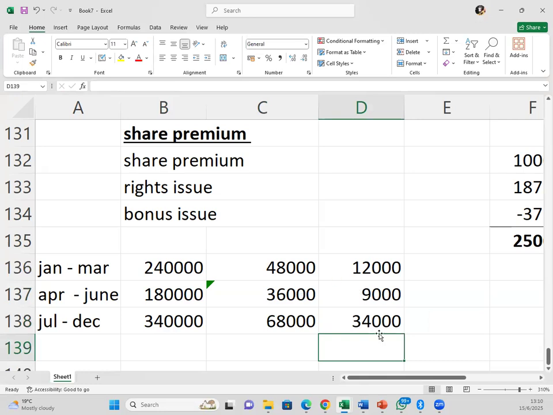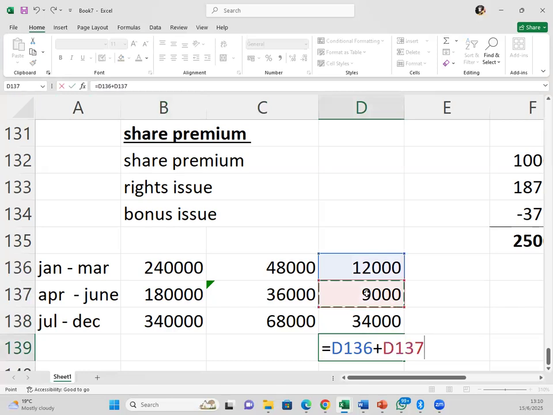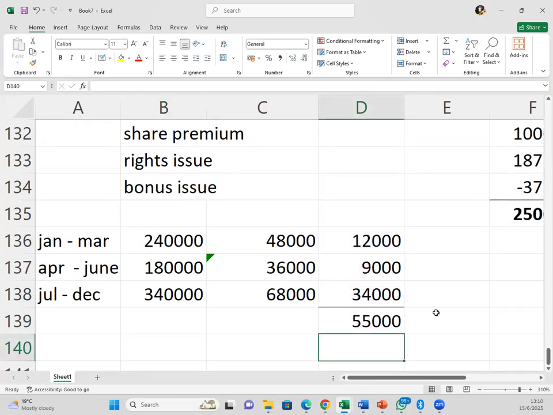So overall, what's our depreciation charge for the year? We are then going to say 12 plus 9 plus 34. So what did I do here?